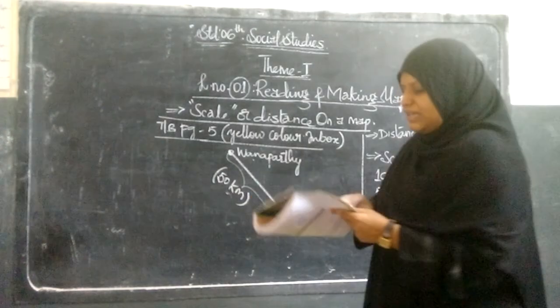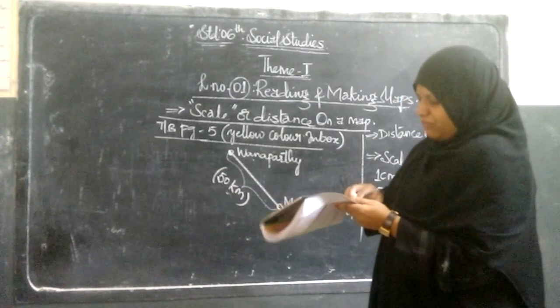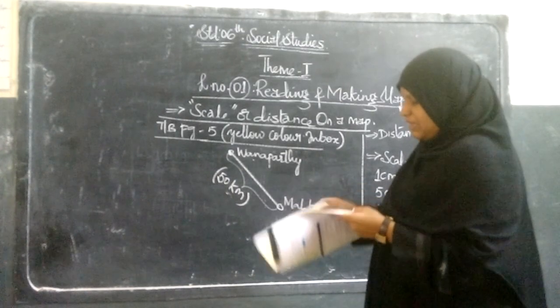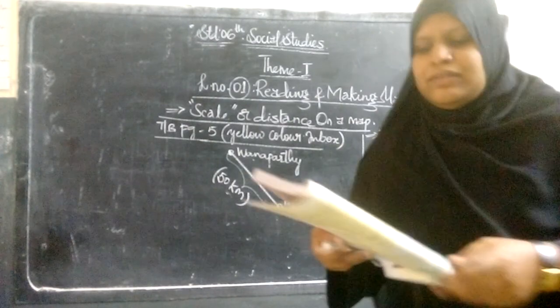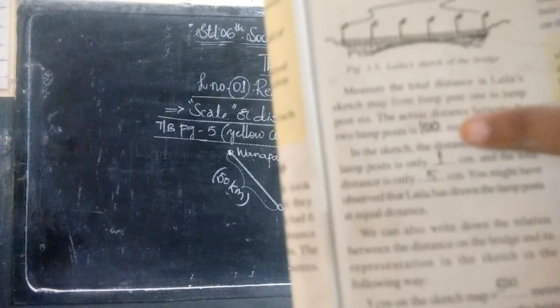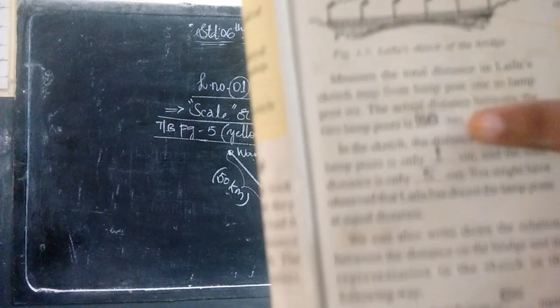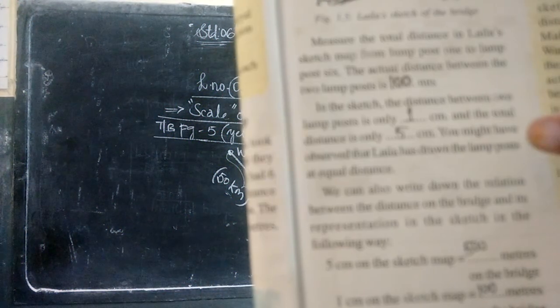I'll just once again go over the info we have learned about the scale on page 5. This is in figure 1.5. The first one is 100 meters. The second is 1 centimeter.